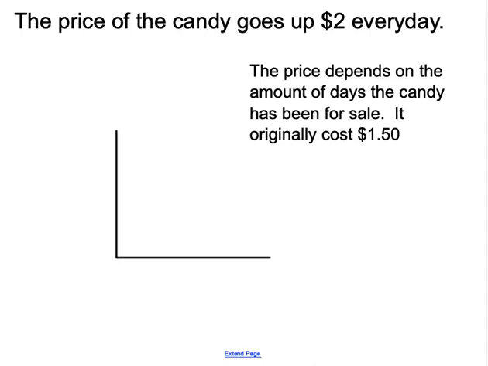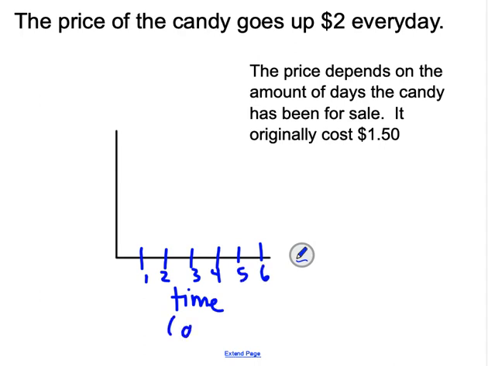Here, the price of candy goes up $2 every day. So I would say the price depends on the number of days the candy has been for sale. So as usual, time is going to be that independent variable. It happens no matter what. So that will go on our x-axis. And it talks about going up $2 every day, so it would make sense for the scale of this graph to be number of days.